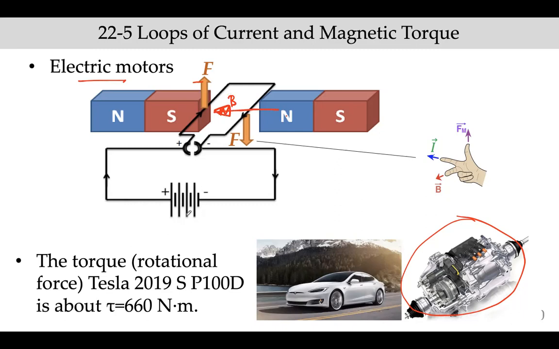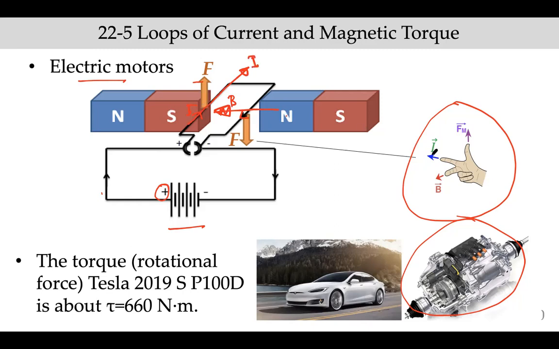Now, if you connect this motor to a battery, you will create current. Current comes out of the positive pole. So it goes like this, and here, this is the current direction again. Now, use your right-hand rule here to find the direction of force. Here, the current is in this direction, and the magnetic field is to the left.